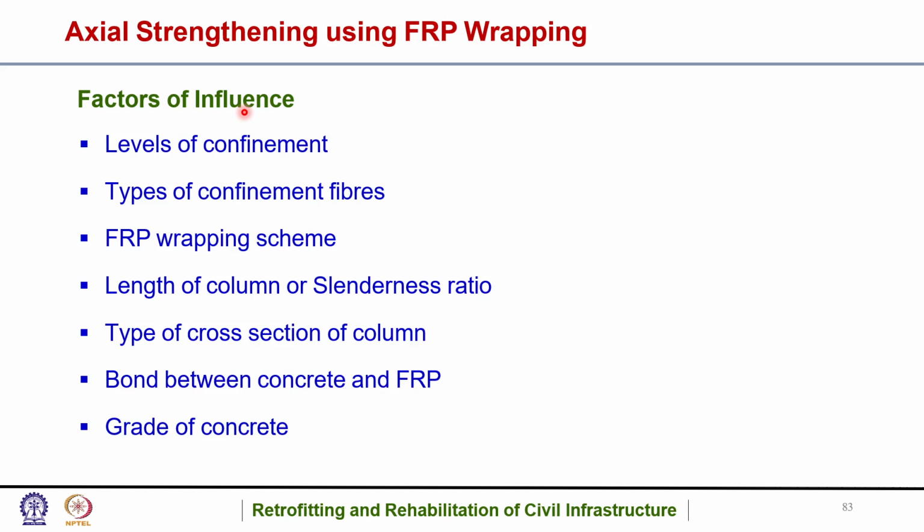The factors of influence in axial strengthening using FRP wrapping can be levels of confinement, types of confinement fibers, FRP wrapping scheme, length of column or slenderness ratio, type of cross section of column, bond between concrete and FRP, and grade of concrete used.